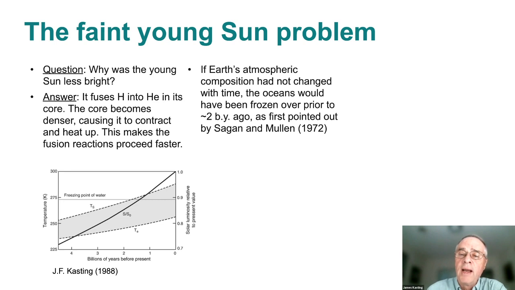So what you find, because as you go back in time the sun was less bright, is that the average surface temperature drops below the freezing point of water prior to about 2 billion years ago. That's the same result that Sagan and Mullen got. And geologists know that that can't be true because the Earth would have frozen, the oceans would have frozen over entirely, and yet there's evidence for liquid water going back to at least 3.8 billion years.